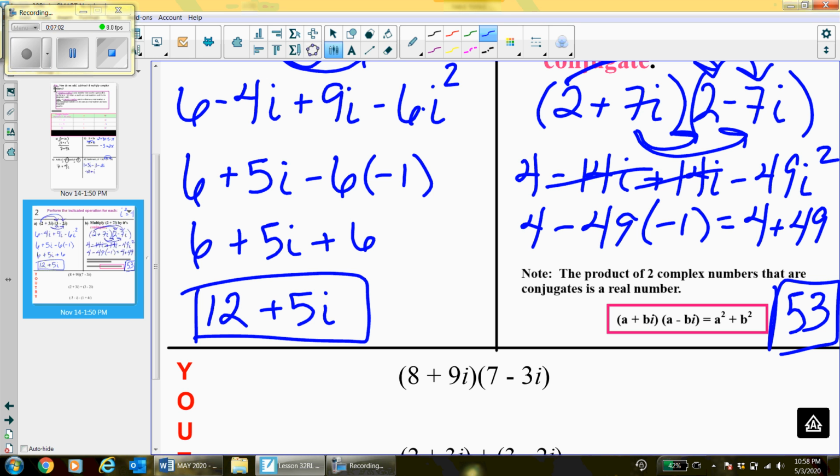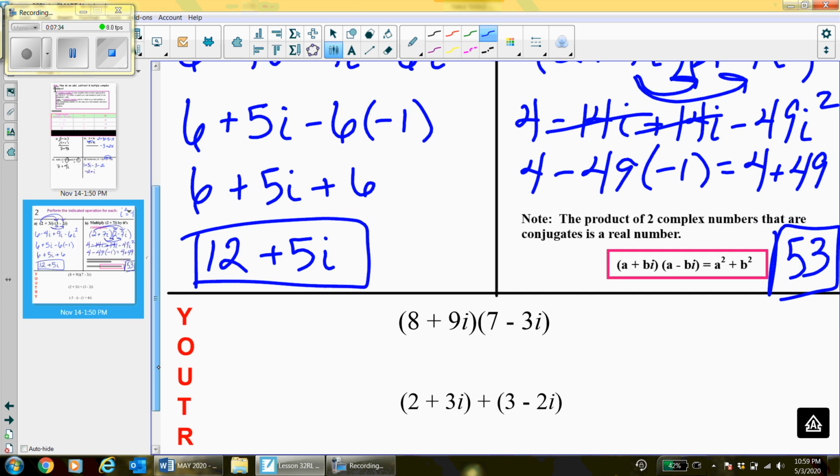The product of two complex numbers that are conjugates is a real number. 53 is a real number. It's a squared plus b squared: 2 squared, plus or minus, in this case minus, 7i squared, which gave us the 53.